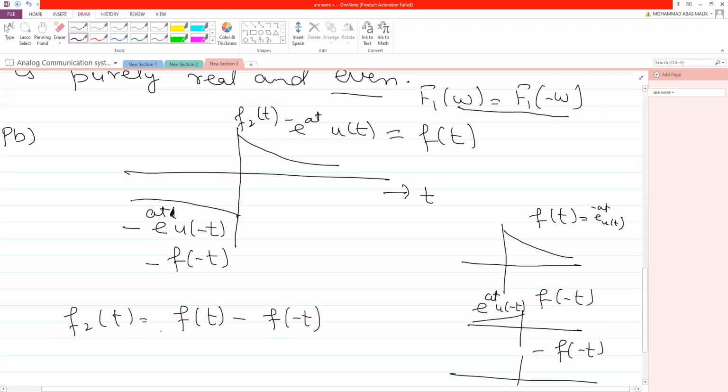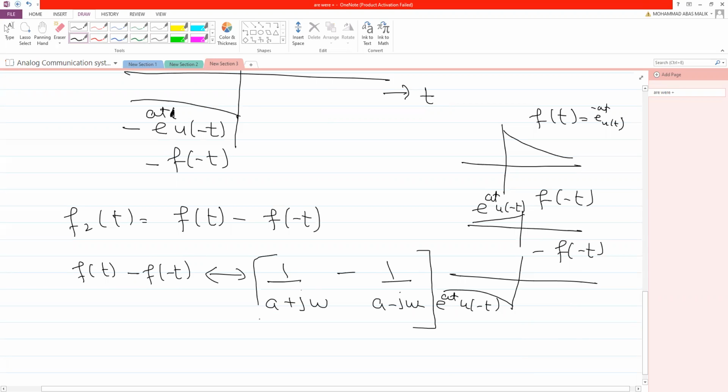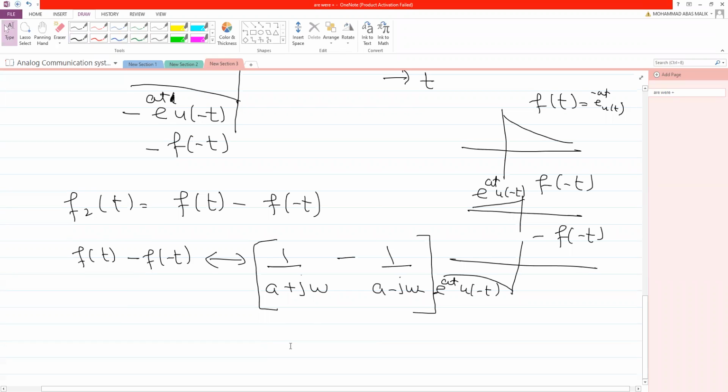We are already done with the Fourier transform of f of t. What's the Fourier transform of f of t? It's 1 by a plus j omega. Well done. Then there will be minus 1 divided by a minus j omega.